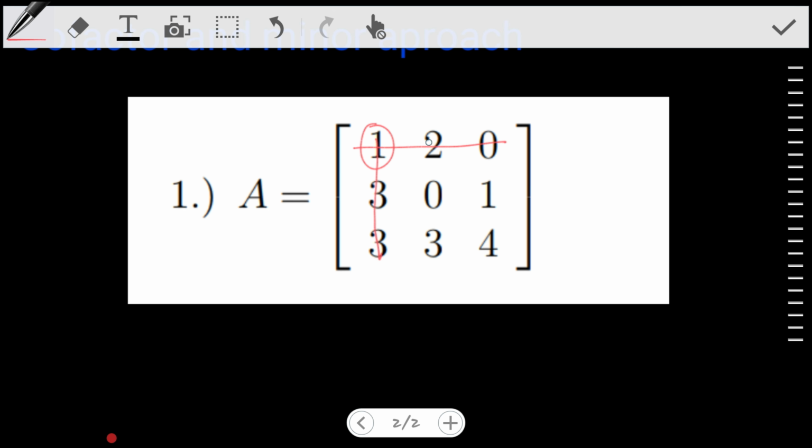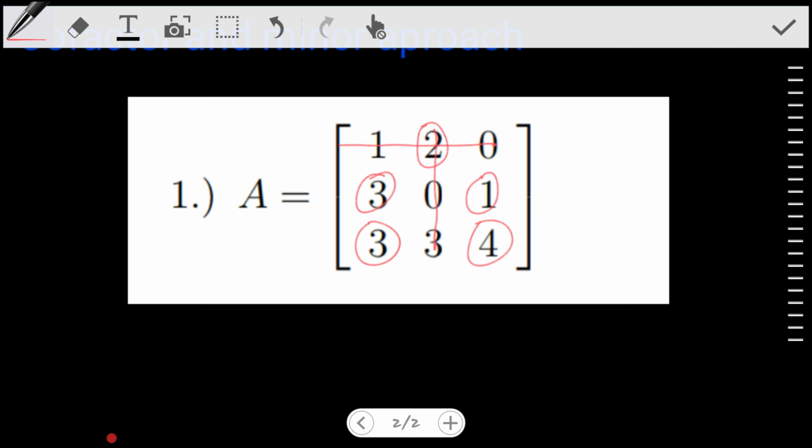In another way, if I choose 2, I'm going to eliminate the row having the 2 and the column having the 2 to get the minors. So the minor matrix when I choose 2 is 3, 1, 3, 4, like that.